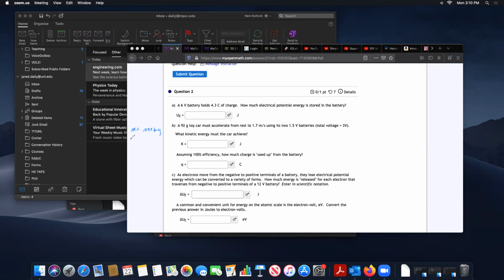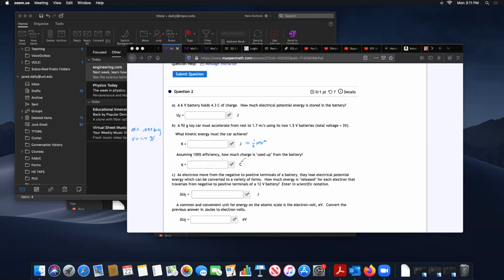So we know the final velocity is going to equal 1.7 meters per second. And that means we can calculate the kinetic energy, because kinetic energy is equal to 1/2 mv squared. So we can use our mass and our v and square it, plug it into that equation and get this part. Now this part right here is the thing that is more involved with this semester.